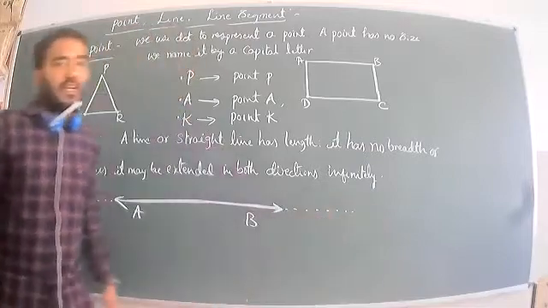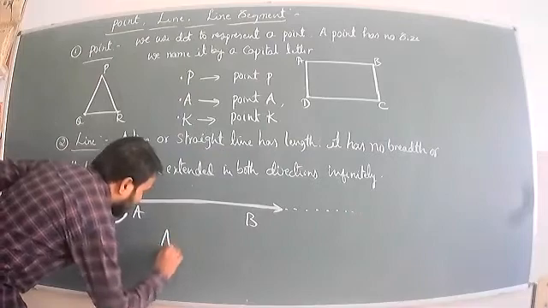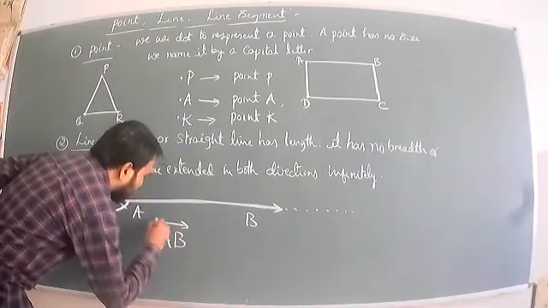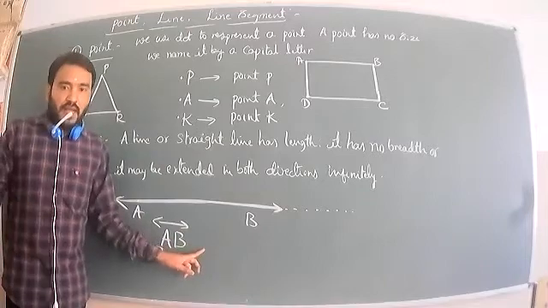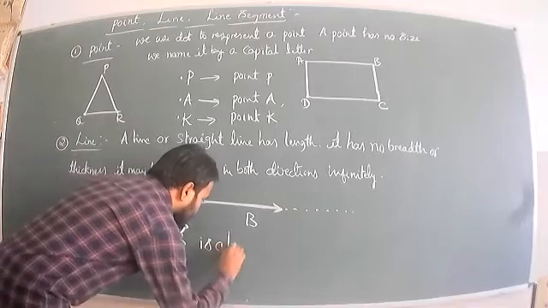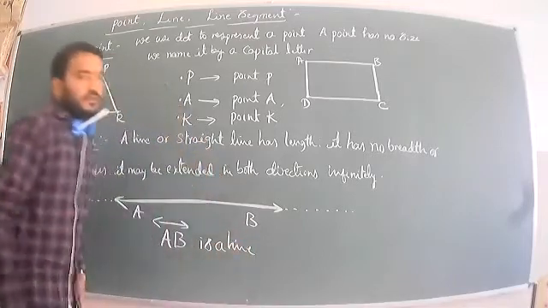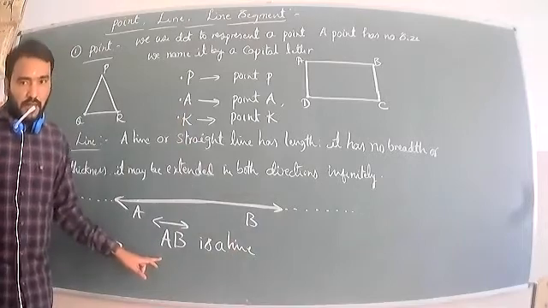So Guruji, a line can be represented as AB is a line. We use the arrow mark. AB is a line. So now this is called the representation of a line.